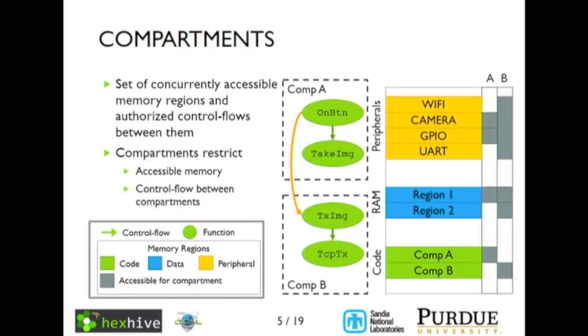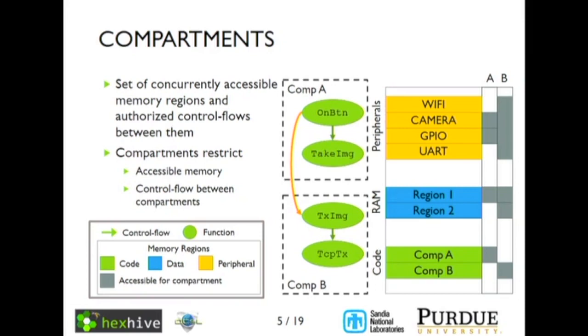We're then going to put restrictions on the memory also. The diagram on the far right depicts the memory. Up towards the upper end of memory, we've got peripherals, like your Wi-Fi, your camera, general purpose I/O, serial ports or UART. You've got your RAM, which will be split into regions, and then your code in the green.